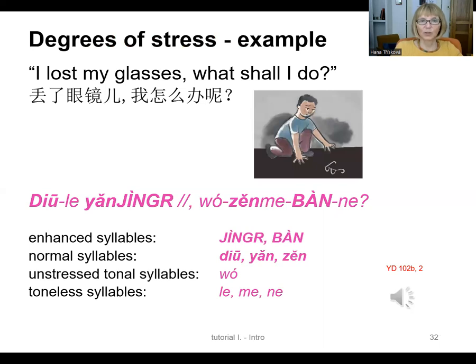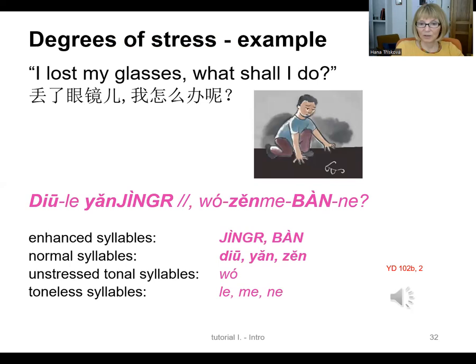So let's use the same sentence as an example. There are four enhanced syllables, 劲 and 半, three normal syllables, 丢, 言 and 真, and one unstressed tonal syllable, 我, and finally three toneless syllables, 了, 嘛, and 那.